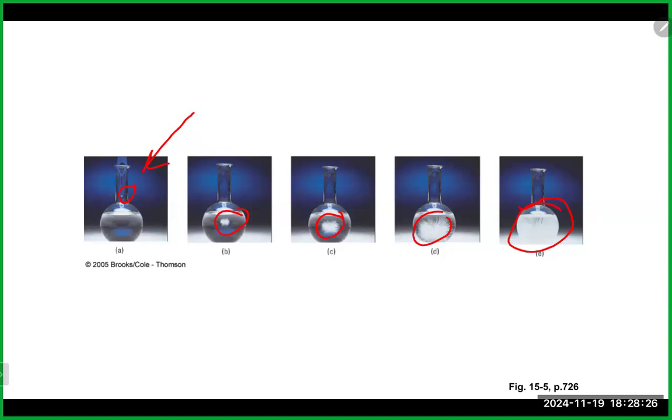I'm not 100% familiar with it, but it could have something to do with colligative properties. Something like that, for example, we'll talk about later in this chapter. You could lower the freezing point and things will freeze a lot quicker. So maybe it's something like that. Maybe they added something to it that lowers the freezing point.